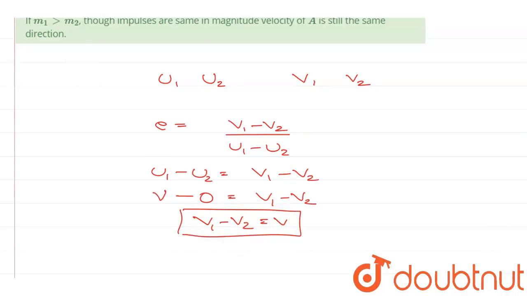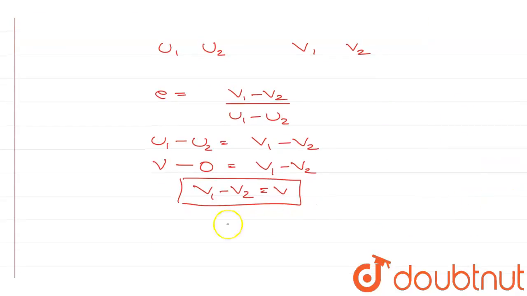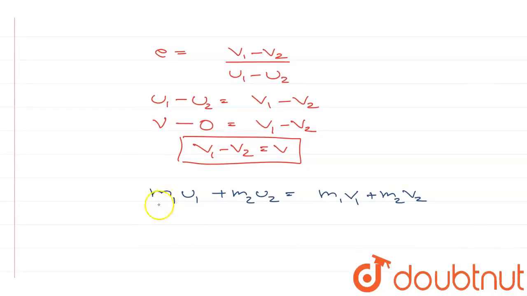Now if I apply the principle of conservation of momentum, m1u1 plus m2u2 should be equal to m1v1 plus m2v2. Now they say that m1 and m2 are equal, so all these m will get cancelled.